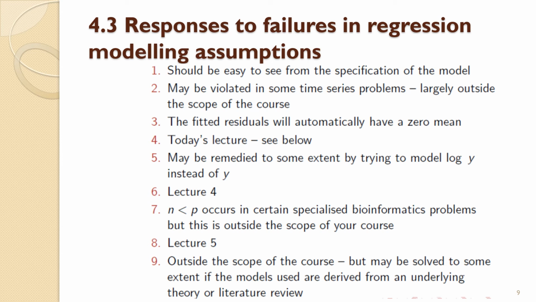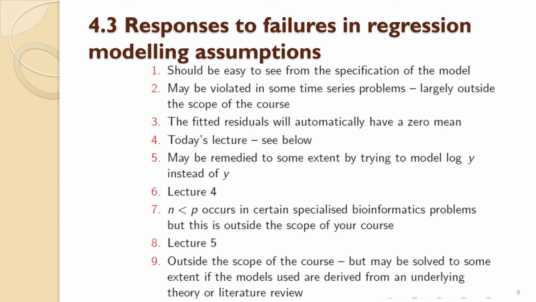The second one might be violating some time series problems, but is largely outside the scope of the course. For point 3, the fitted residual should automatically have a zero mean. Today's lecture will deal with heteroscedasticity. Point 5 may be remedied to some extent by trying to model log y instead of y. We'll go through that in more detail later on in the course. Point 6 is answered actually in lecture 5, not lecture 4.